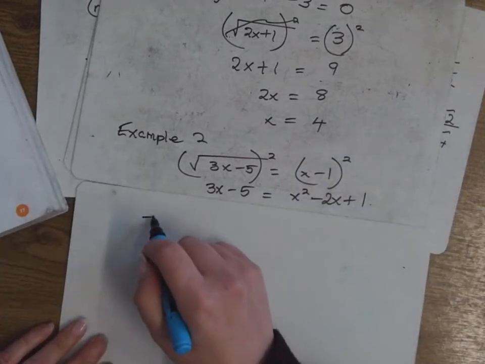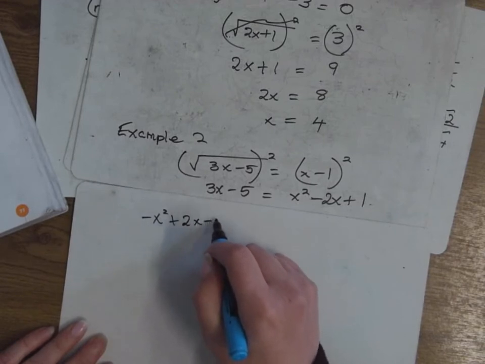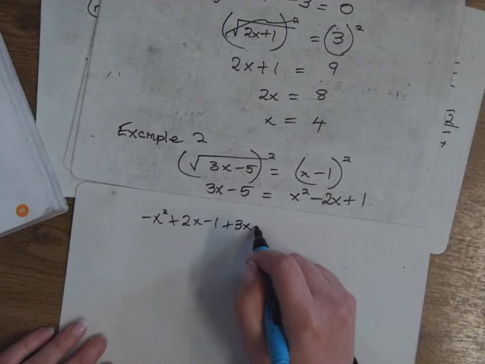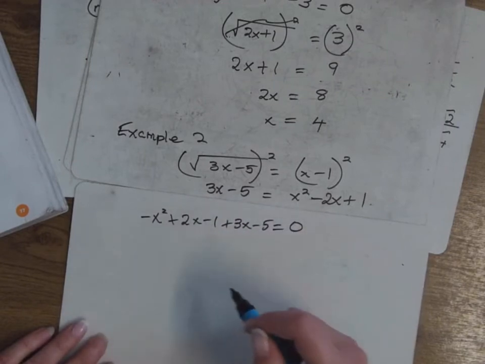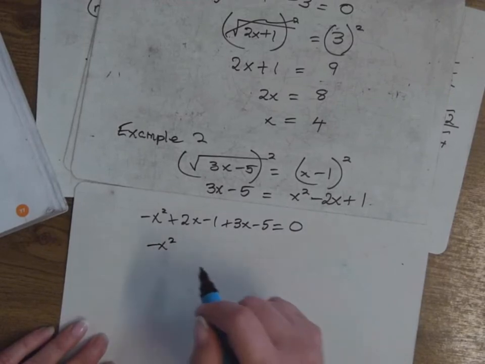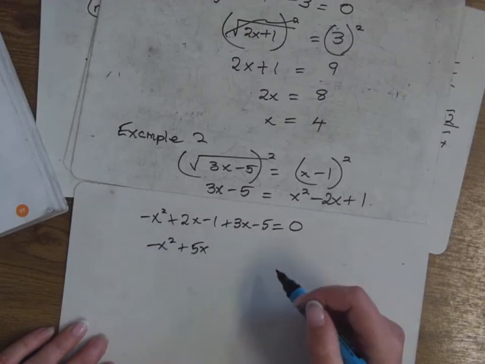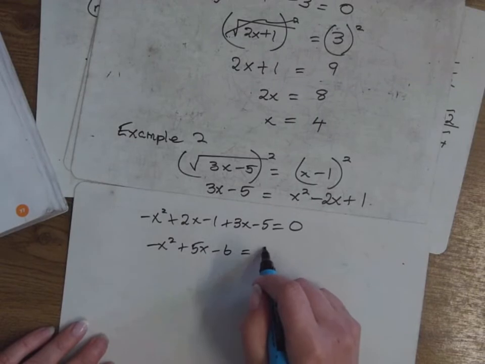So I have minus x squared plus 2x minus 1 plus 3x minus 5 equals 0. So that would be minus x squared, the x's together, so I have plus 2x plus 3x would be plus 5x. And my numbers there would be minus 1 minus 5, which is minus 6, equals 0.